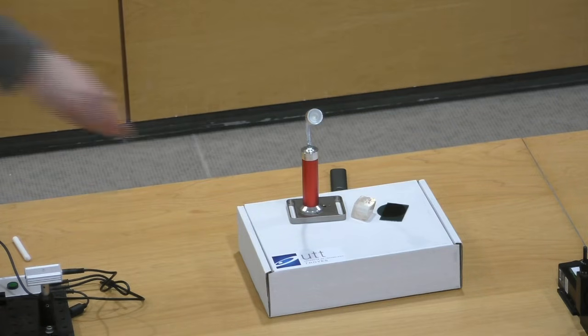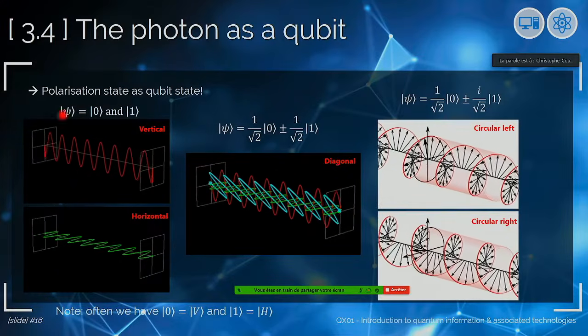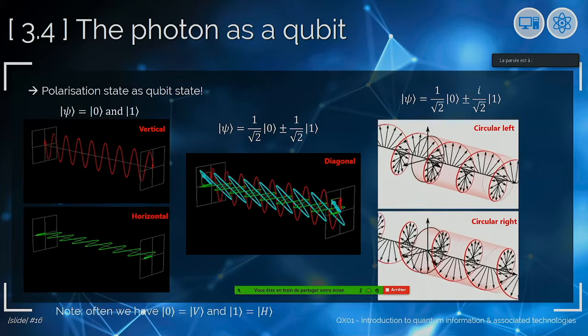So now, if I go back, typically here is a nice representation of the different polarization states. So here it would be the vertical polarization state, this wave going towards you.